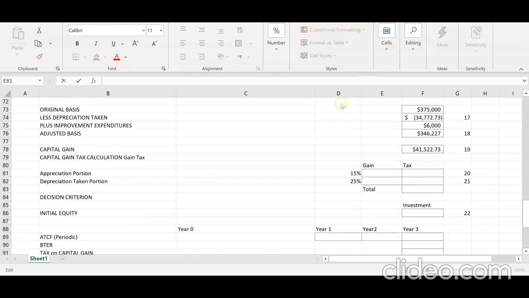In the appreciation portion, I'm going to use the capital gain less depreciation taken, and then to calculate the tax it will be D81 multiplying, and over here we will be using negative, and then we can use this depreciation.